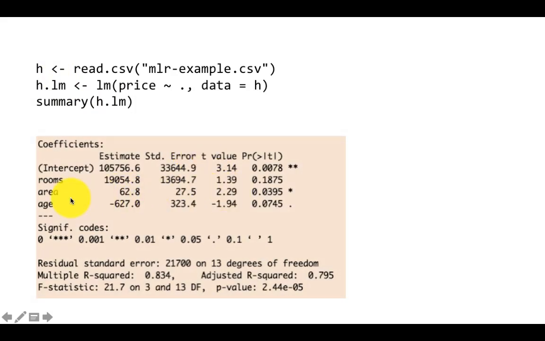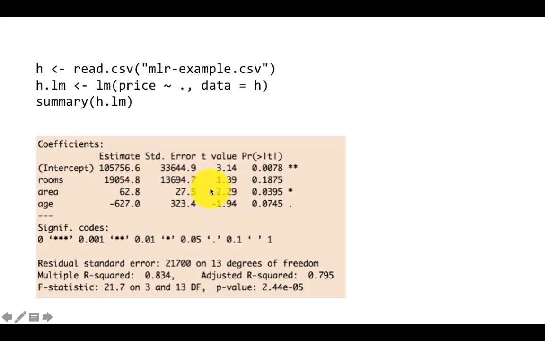There are three predictors, rooms, area, age, and the target attribute is the price. So those are the four columns in the dataset. When we say price tilde dot, we are saying generate a linear model to predict price based on all of the other attributes, which happens to be these three.